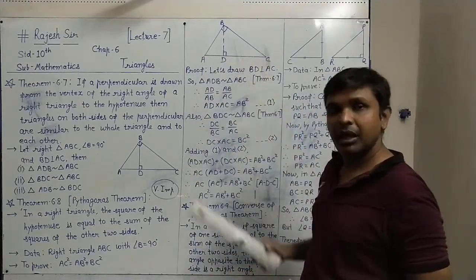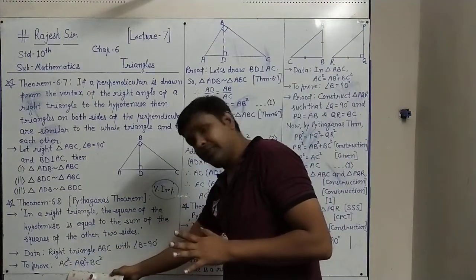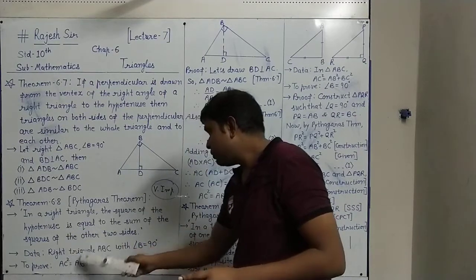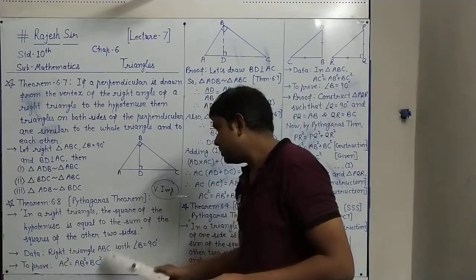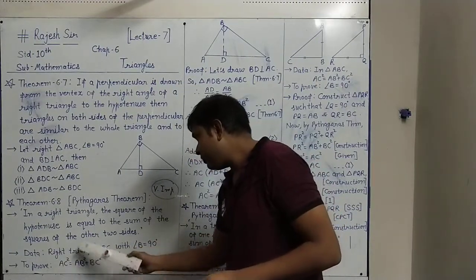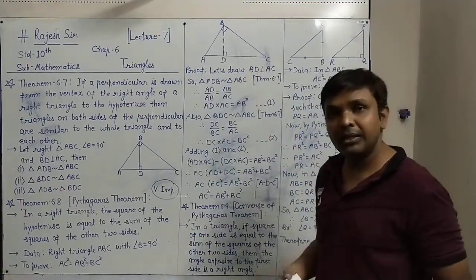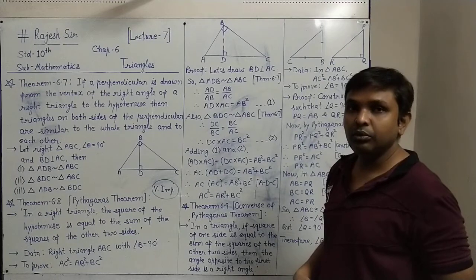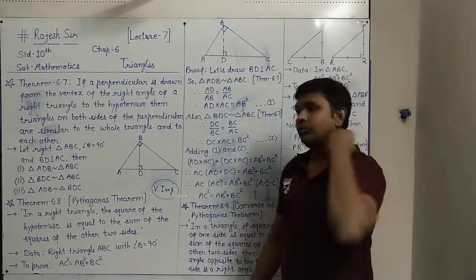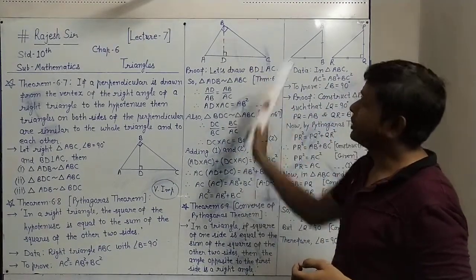So it says the square of the hypotenuse, AC square, is equal to the sum of the squares of the other two sides, AB and BC. Their squares and their sum will be equal to the square of the hypotenuse. That is the statement of the theorem of Pythagoras. And this is the figure.